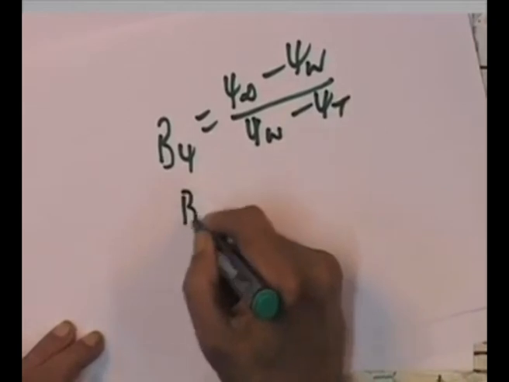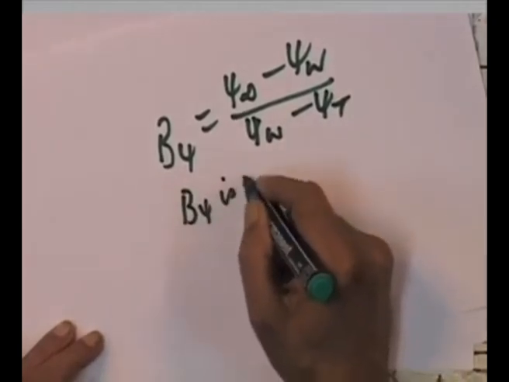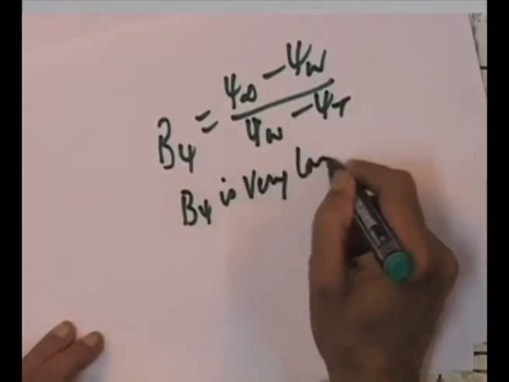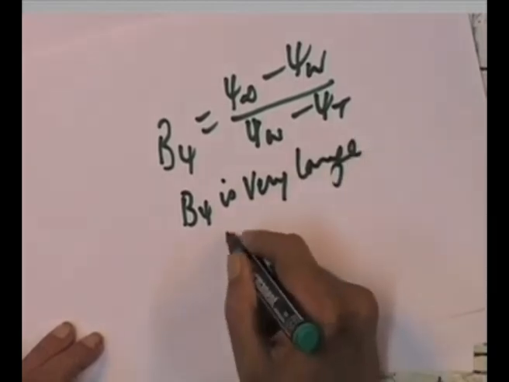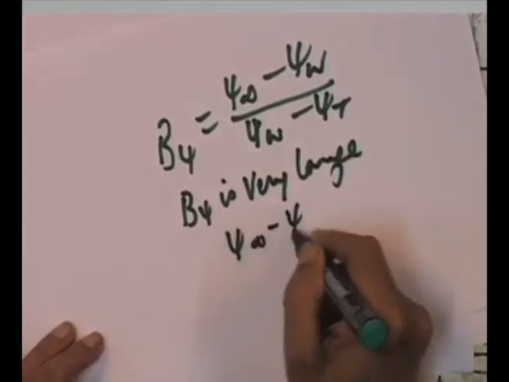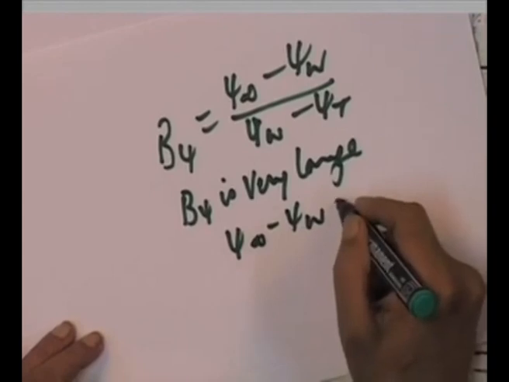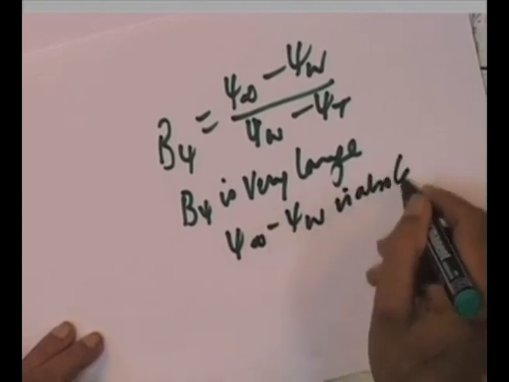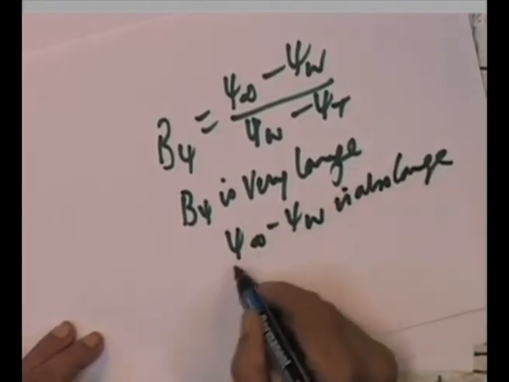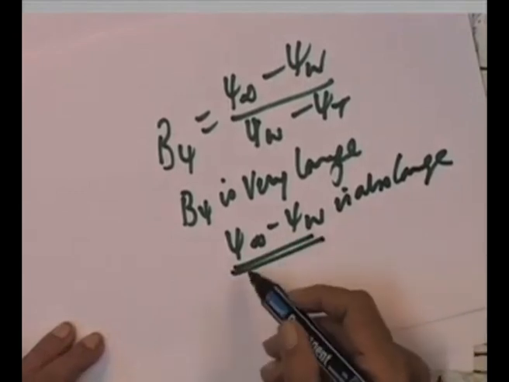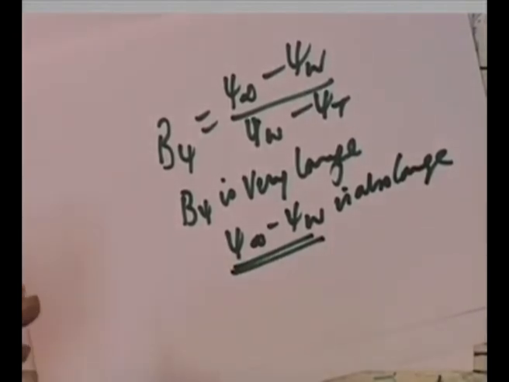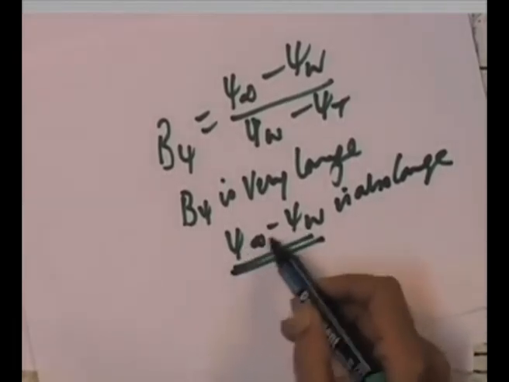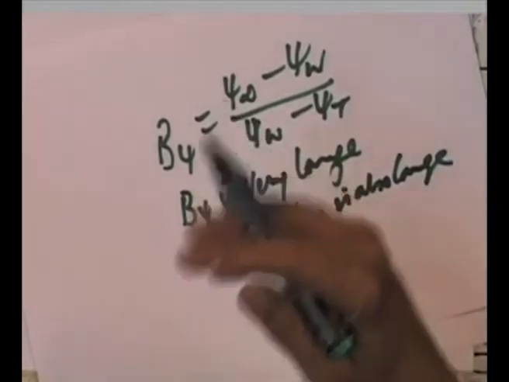So when B psi is very large, psi infinity minus psi W is also large, and this means that when the property difference between the infinity state and the W state is large, we would expect the properties to vary between the W and infinity states.